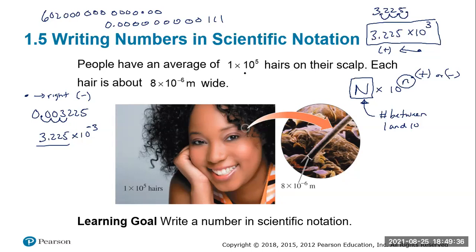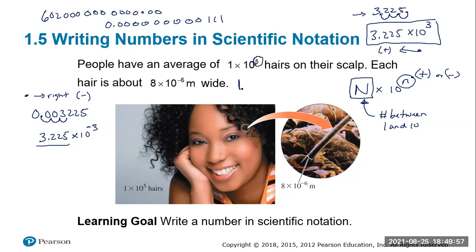These are some numbers with our scientific notation. Again, if I needed to turn this into positional notation, or a decimal form, or a regular number, however you want to call it, I would start with the 1. And what does the 5 tell me? Well, it's a positive 5, which means it should be a large number.